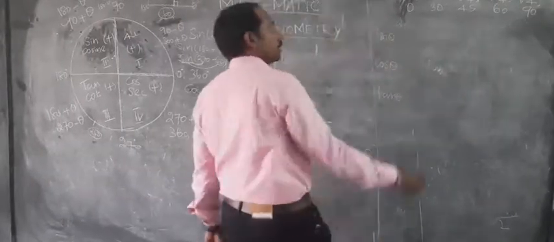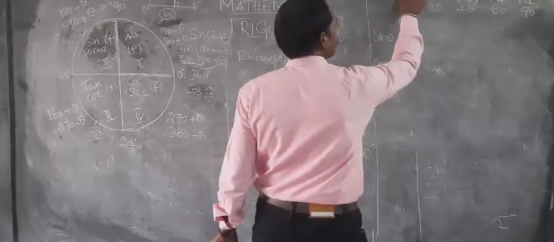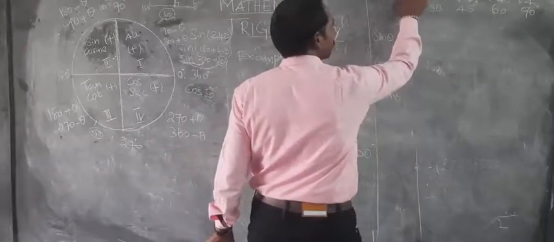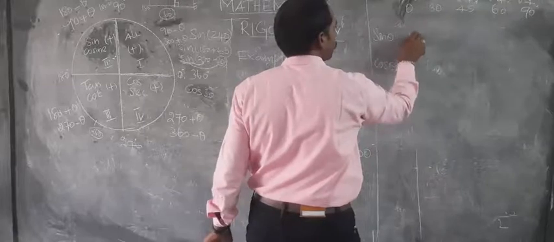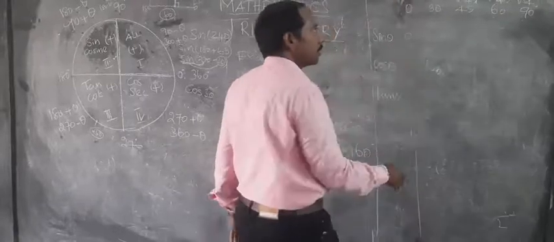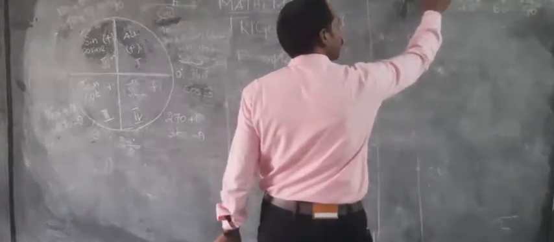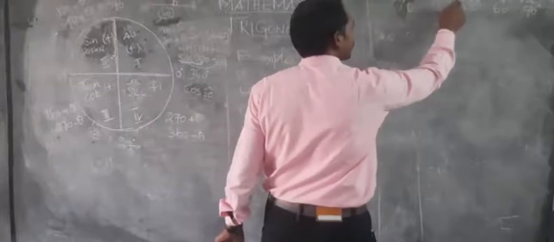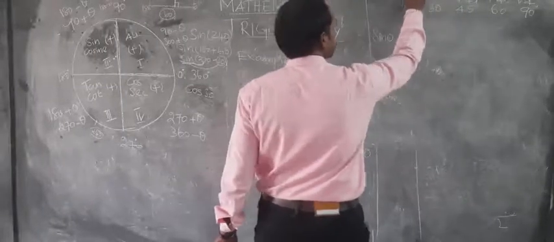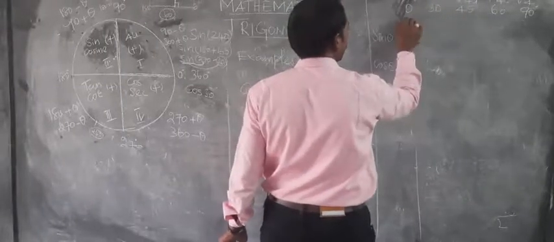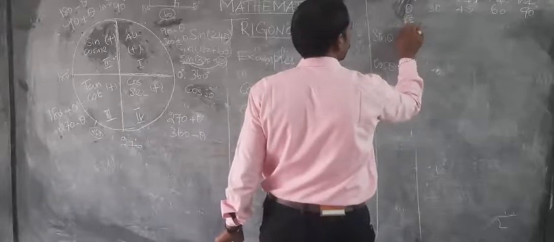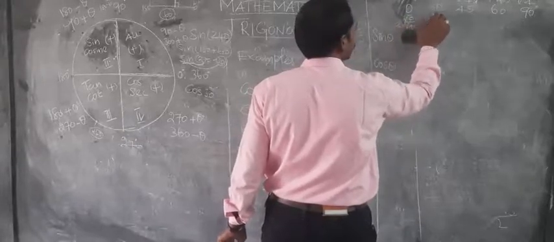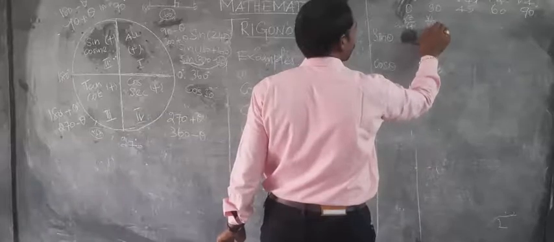Okay. Then come to the value: 0 by any value is 0, but inside the root 0. So here root of 1 you can separate it. Here root 0, then root 4. Here root 1 divided by root 4.